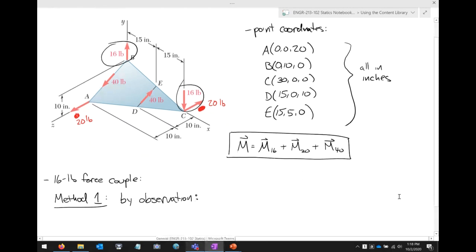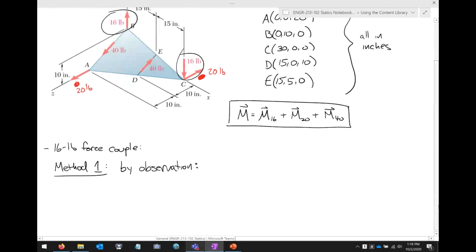So by observation, we're going to say rotate about the z-axis. Mr. Adams said it rotates about the z-axis, and he's correct. Is it going to rotate counterclockwise or clockwise? Clockwise.